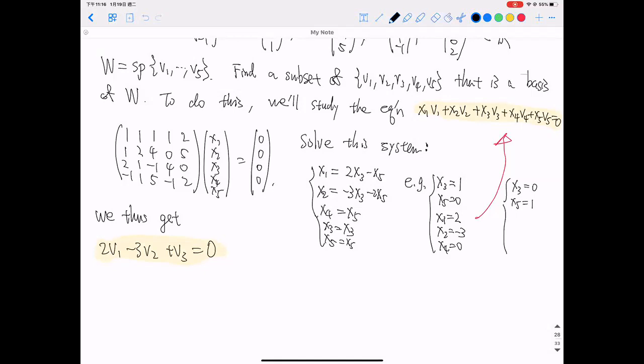This time, let's set x3 equal to 0 and x5 equal to 1. Then x1 becomes minus 1, x2 becomes minus 2, x4 becomes 1. So that will give us minus v1 minus 2v2, v3 is absent, plus v4 plus v5 equal to 0.